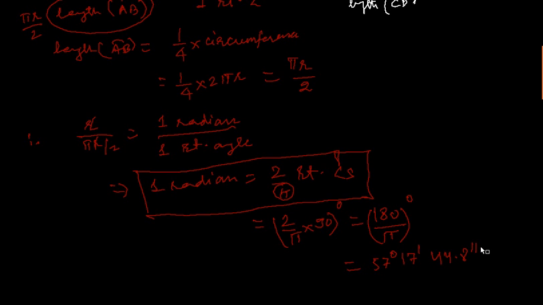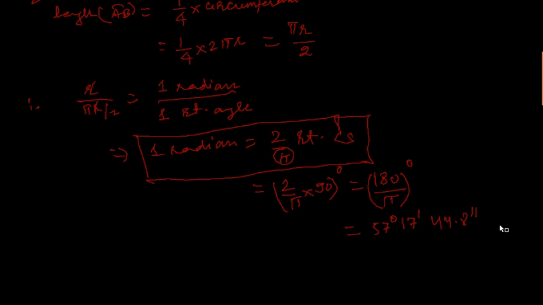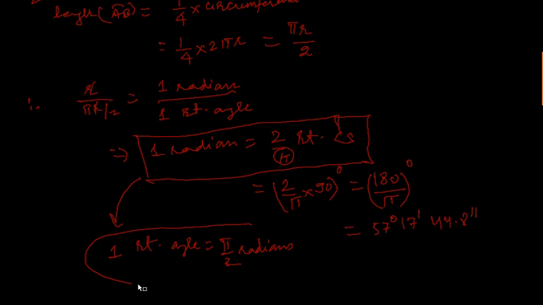Similarly, you can convert it into grades also if you want. And you should note that one right angle is equal to pi by 2 radians. This is important.